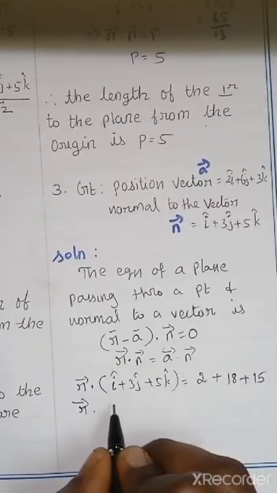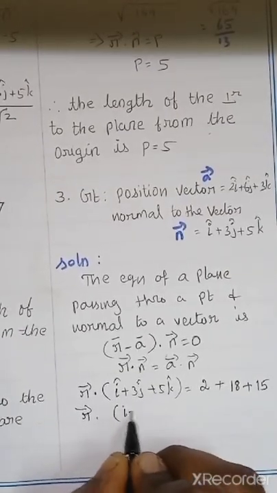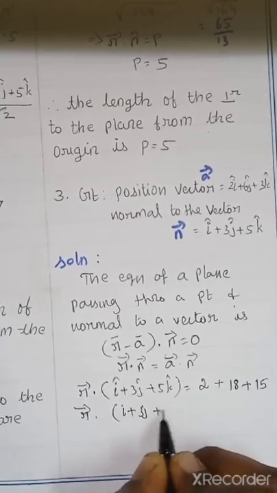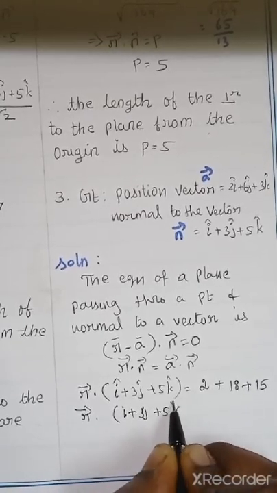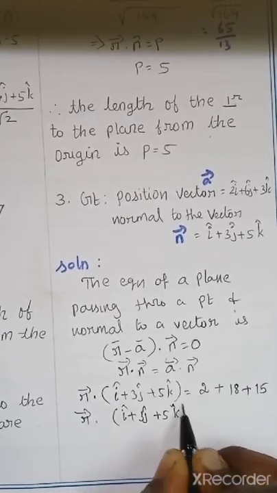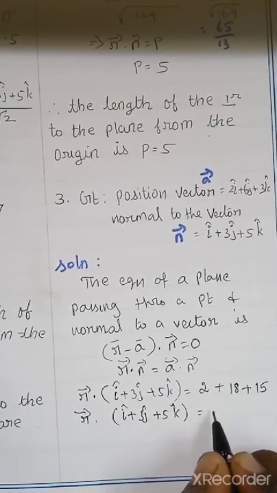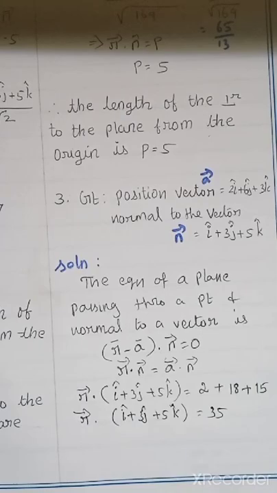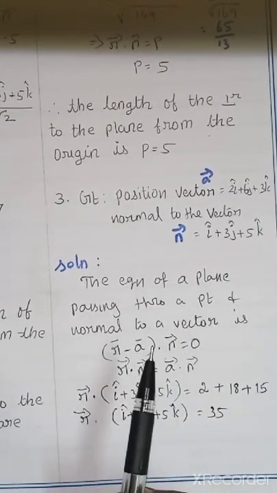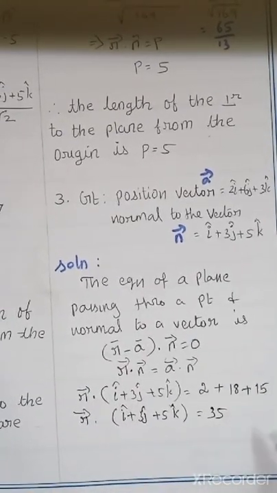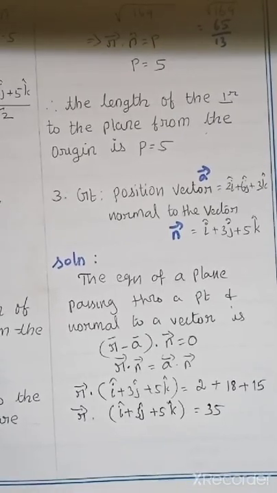r dot, this is as it is, (i plus 3j plus 5k) vector, equal to 35. And so the vector equation we found out. Next, the Cartesian equation.